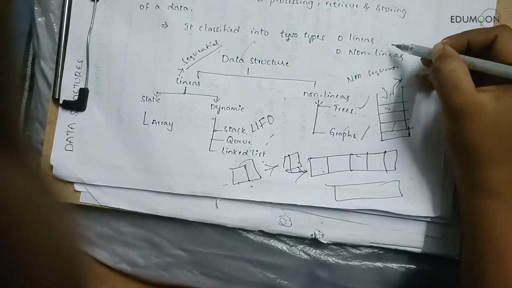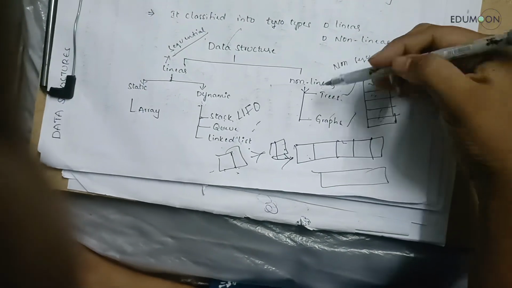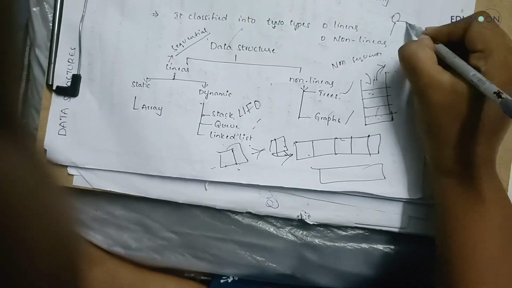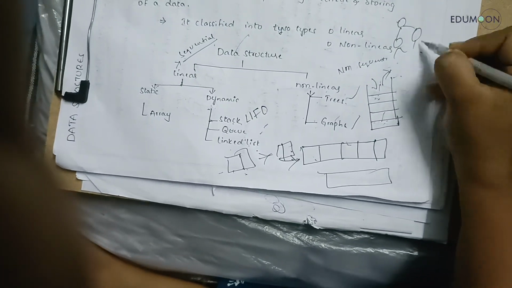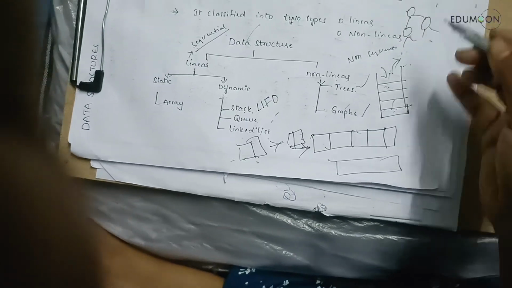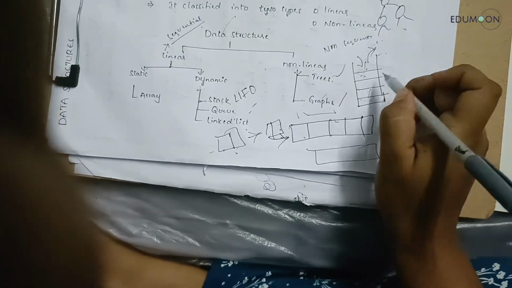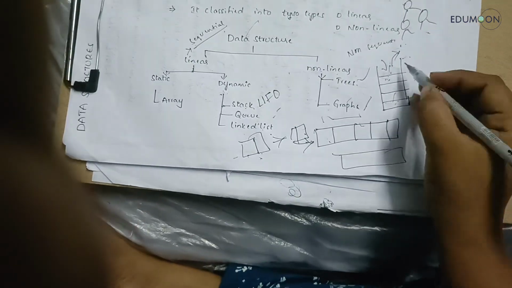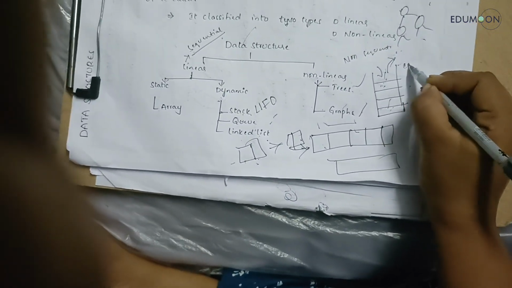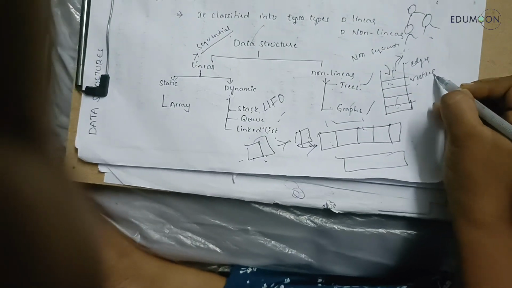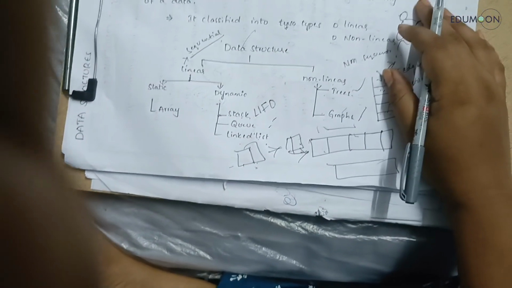We know that a tree is a collection of nodes and vertices, like this structure. This structure is a graph. A graph is also a collection of vertices and edges. This is for today, guys.